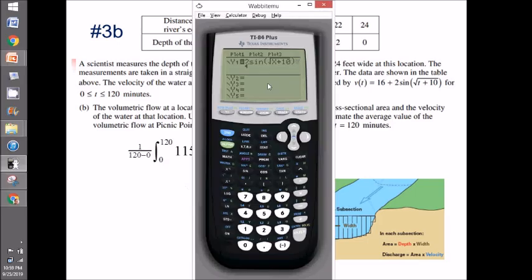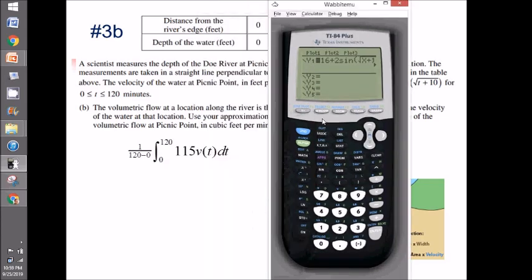To make my life a little bit easier on this problem, I'm going to put this velocity function in as y1, and there's a little bit more if we scroll to the left here, so we had 16 plus all that stuff. And now, moving my calculator so I can see all of this, armed with this y1, v of t, I'm going to quit out of there, and let me do fancy fraction here, 1 over 120 times math 9.